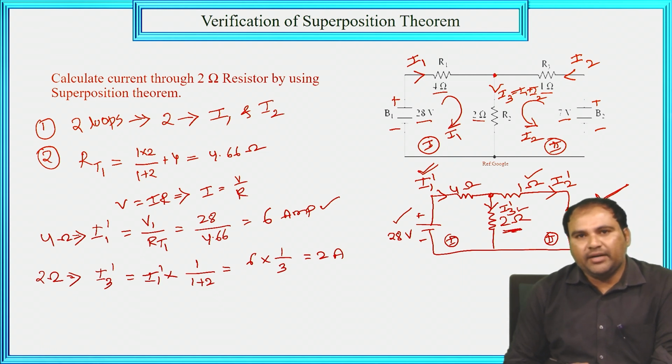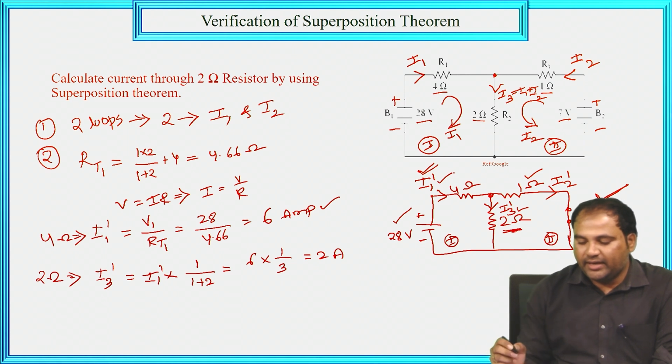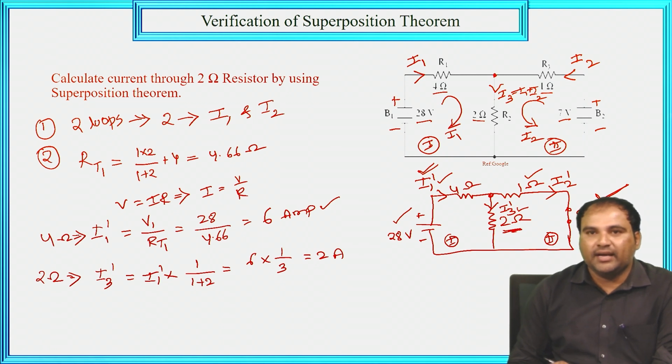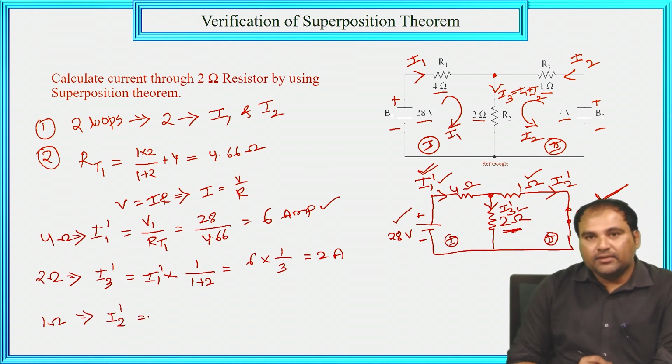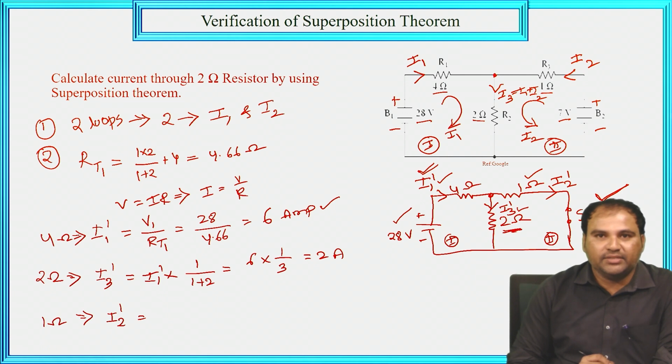So current through 4 ohm, that is I1 dash, is found, and current through 2 ohm, I3 dash, is found. Now we need to calculate the current through 1 ohm, that is I2 dash. Here also we have to use the current division rule.